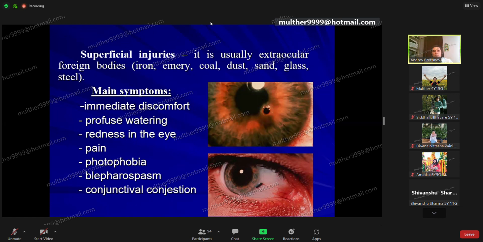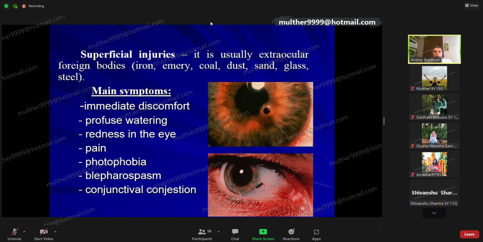A foreign body may be impacted in the conjunctiva or cornea. On the conjunctiva, it may be lodged in such an anatomical structure as the sulcus subtarsalis, which is situated on the inner surface of the upper eyelid, a distance of about 2 millimeters from the margin of the eyelid.